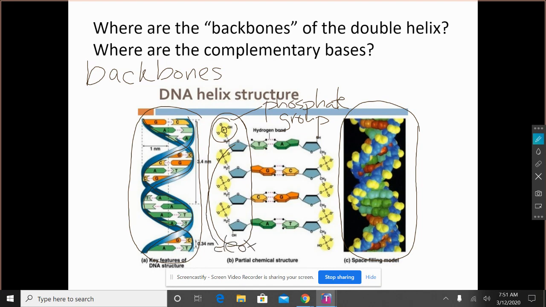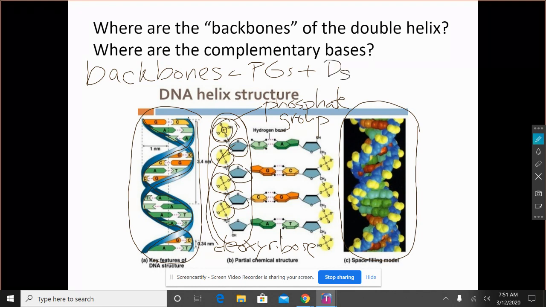And so it is this sequence of phosphates and deoxyriboses that makes up a backbone. Okay. So that's phosphate groups plus deoxyriboses.